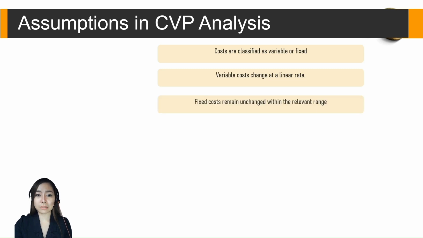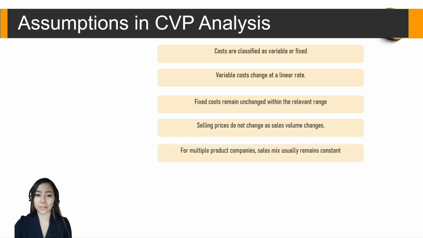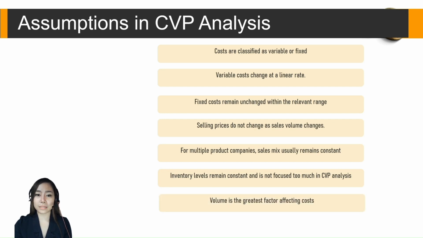Number three, fixed costs remain unchanged within the relevant range, which we've discussed earlier. Selling prices do not change as sales volume changes. Inventory levels remain constant and are not focused on too much in CVP analysis. And lastly, volume is the greatest factor affecting cost.